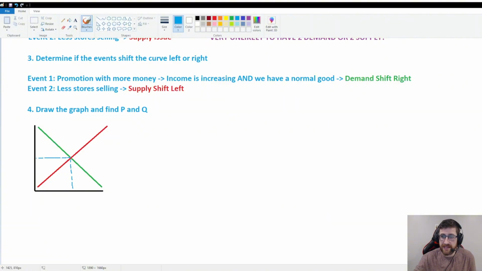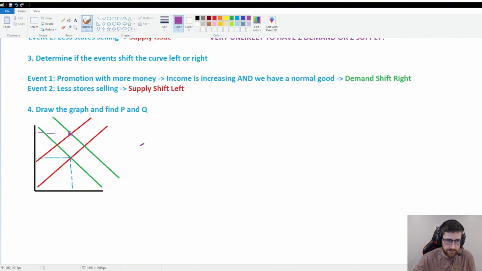So I know that demand shifts right, so I can do that. Demand shifts right. I know supply shifts left, so I can take my supply, shift it left, and then my new equilibrium is up here.